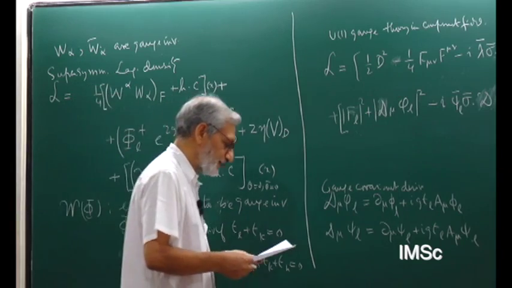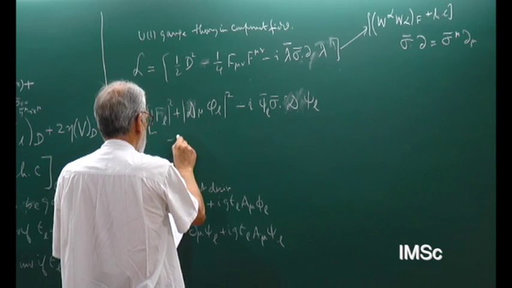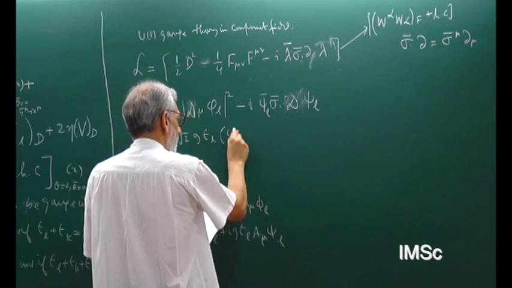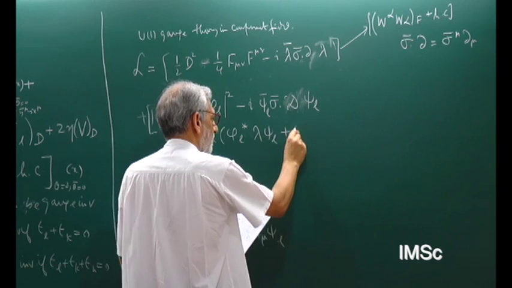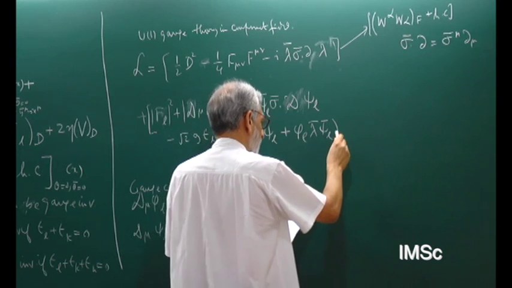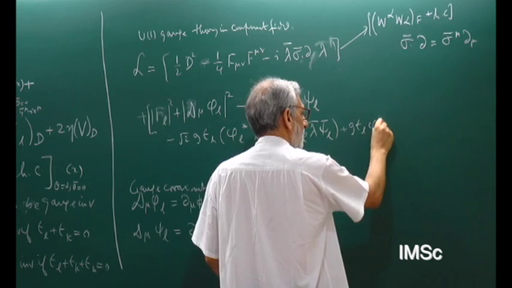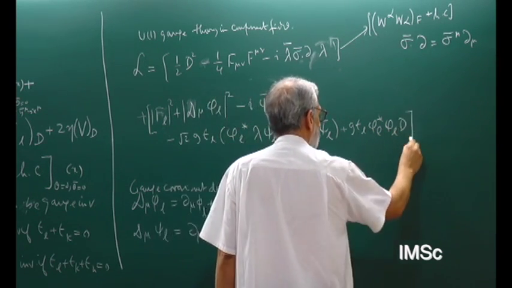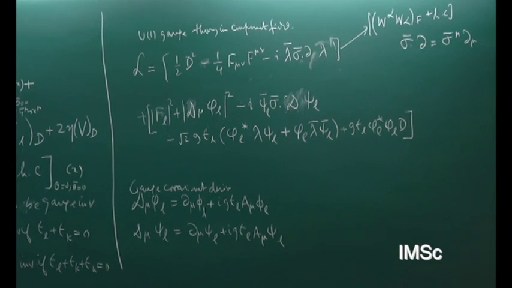In addition, it also has a term minus root 2 g T_L phi_L star lambda psi_L plus phi_L lambda bar psi_L bar, plus g T_L phi_L star phi_L D. And that comes from the interactions of V and phi's.